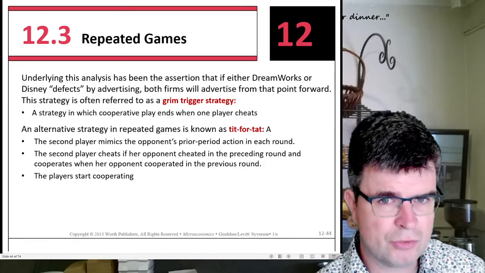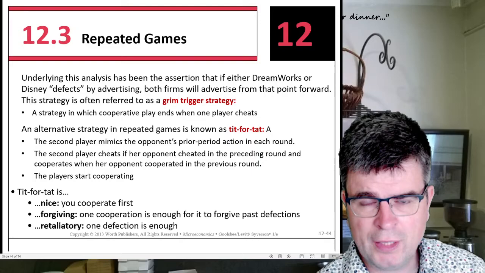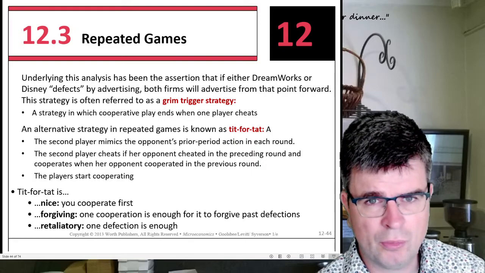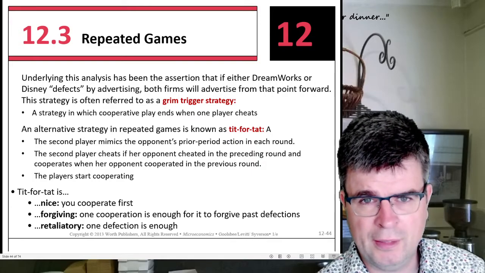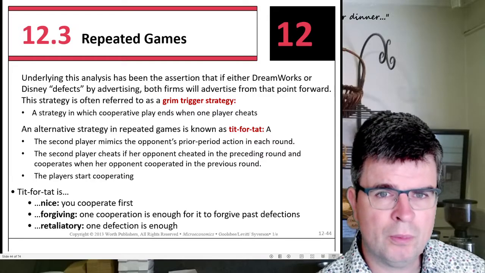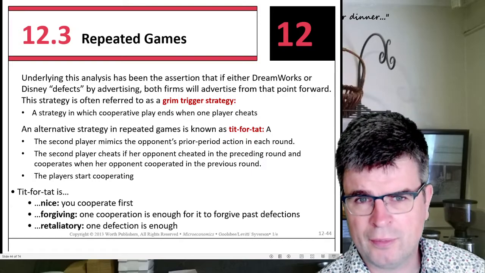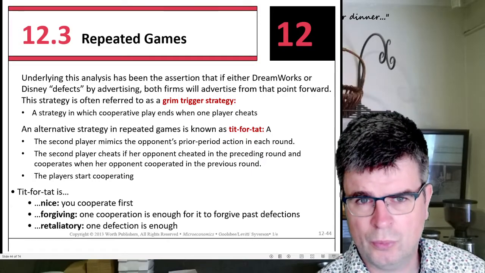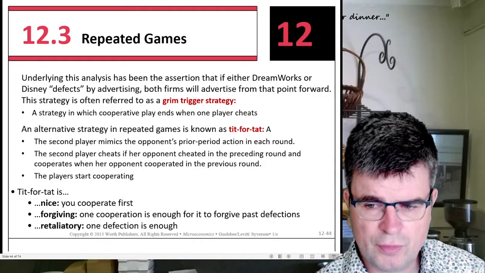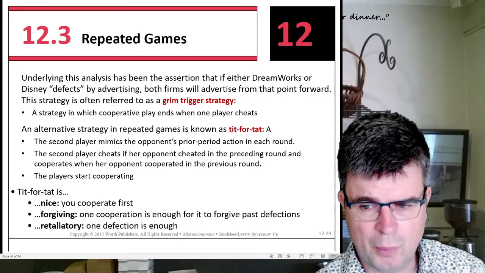So players start coordinating, but if one of the players defects, then you will retaliate by not cooperating in the next period. But if you observe that your opponent starts cooperating again, then you forgive the player and you also start to cooperate again. So tit for tat is nice because it starts with cooperation.